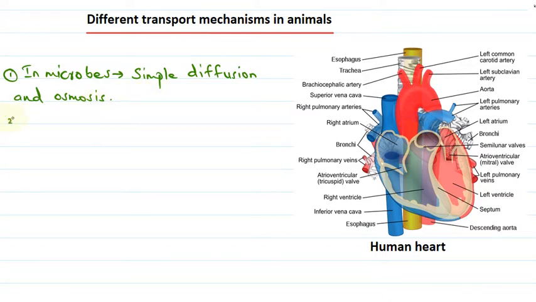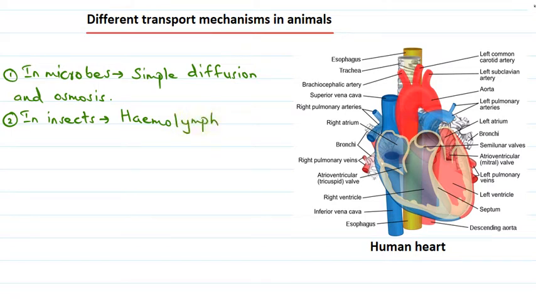Okay, then let's see what happens in case of insects. In insects, transportation of materials occurs with the help of hemolymph. And what is hemolymph?